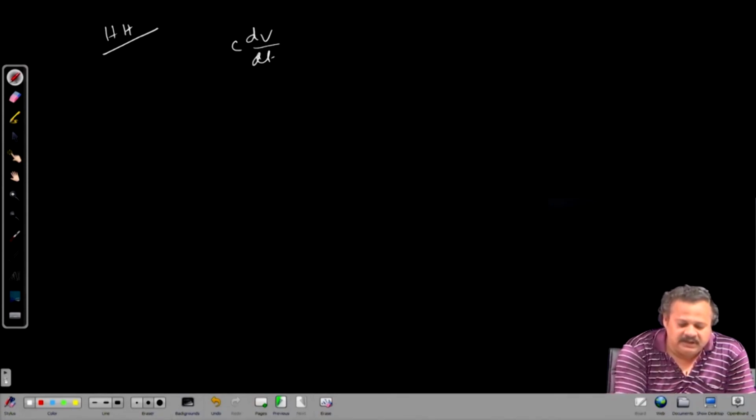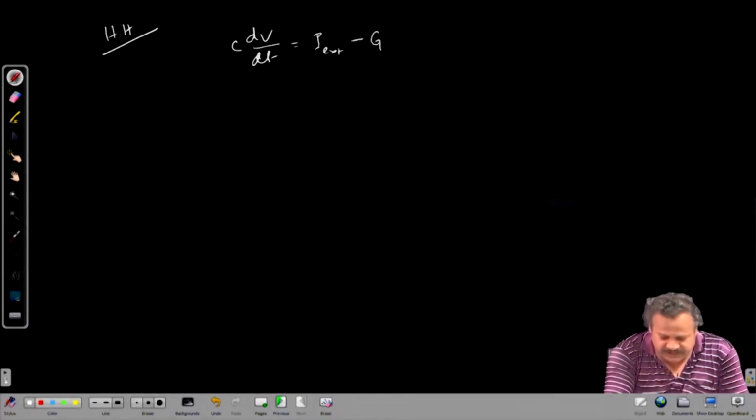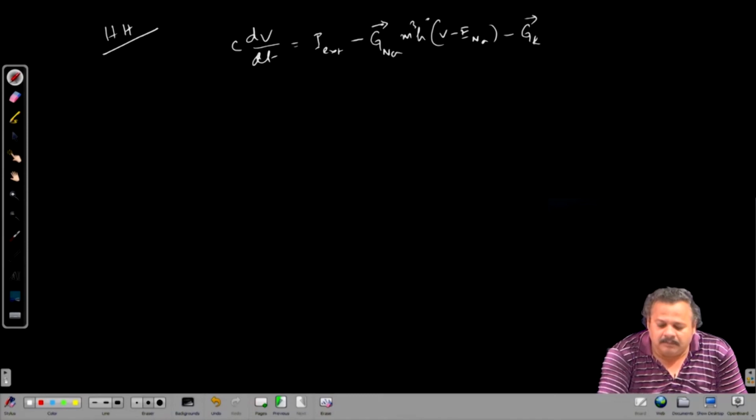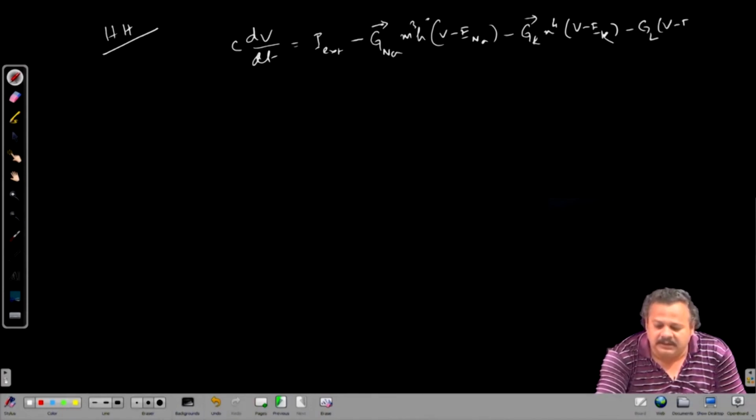C dV/dt equals I external minus G sodium m cubed h (V minus E_Na) minus G K n to the power 4 (V minus E_K) minus G leak (V minus E leak).